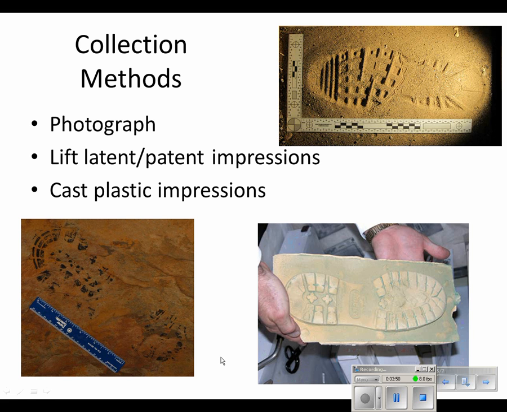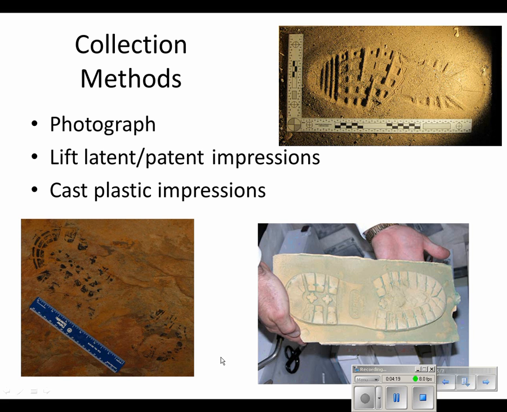So if we're talking about latent prints, we would lift those, or make sure we have photographs of those. And of course, the first thing we always want to do with evidence is photograph. And we're going to take photographs from many different angles, and also up close and distance photos, because you need to see the striding patterns that I was talking about to see where they're spaced, and you need to find the angles.